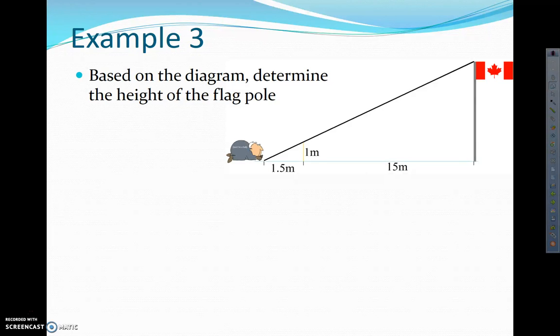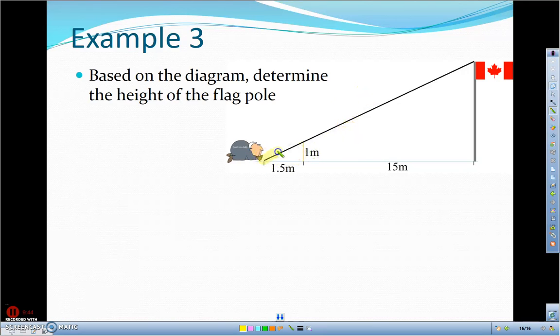Based on the diagram, determine the height of the flagpole. This question confuses a lot of students, primarily because they try to use the 15 alone. We have to think of these as two different triangles: this big triangle, and then this small triangle.